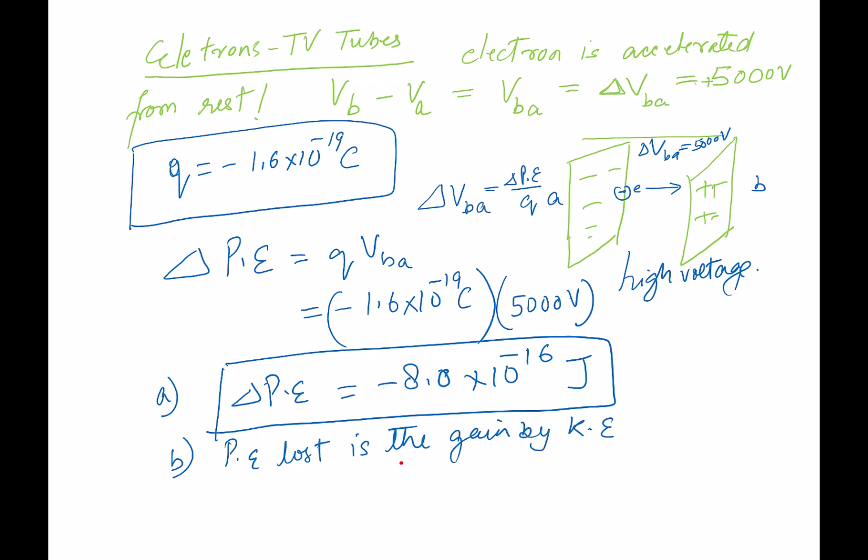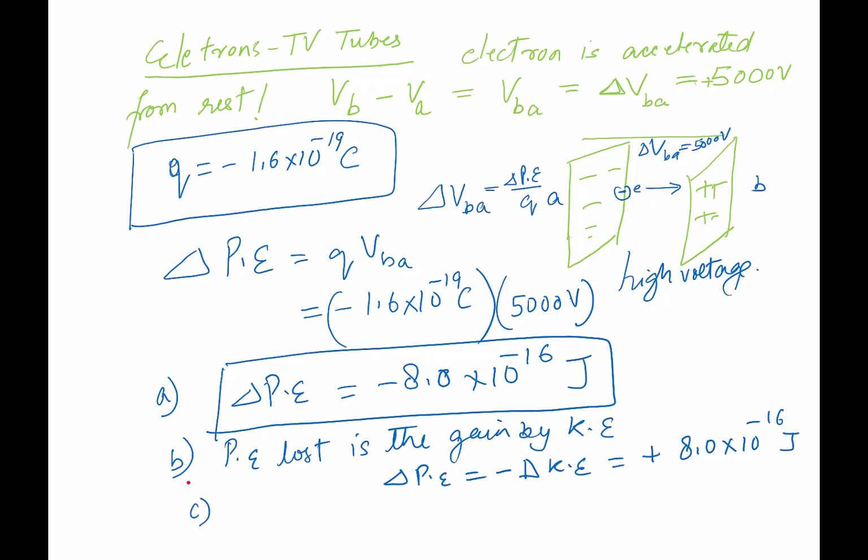So in other words, change in PE is minus change in KE. So the magnitude of this would still stay same. So your change in kinetic energy would be the same, except it will be positive, 8.0 times 10 to the power of minus 16 joules.